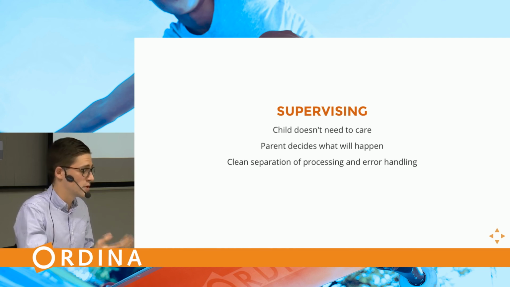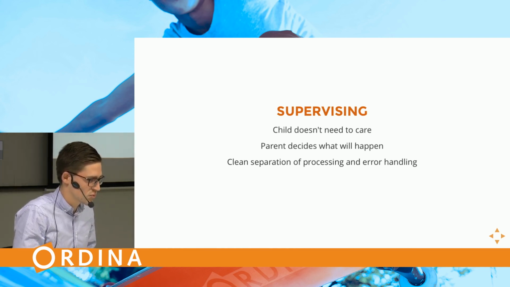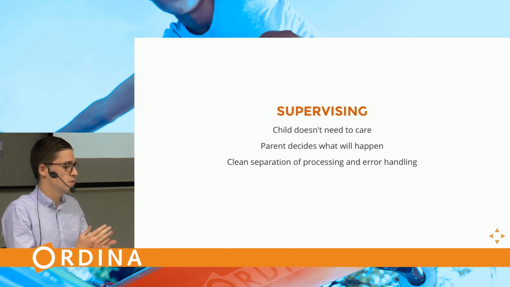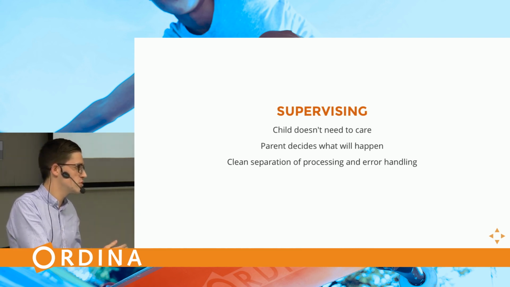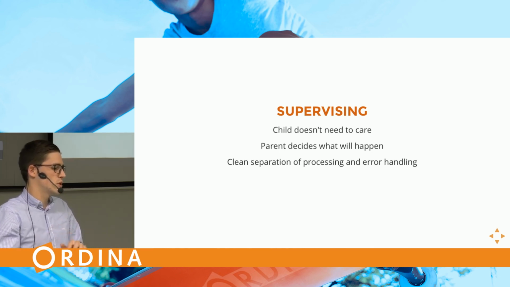It's up to the parent to decide what will happen. Kind of the same as with parents and children. And by following this principle, we have a clear separation of our processing logic and our error handling logic. This is something that we want to achieve. We don't want to mix the two of those.